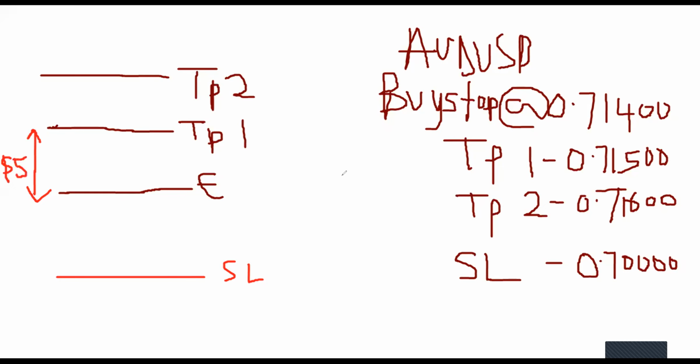So let's say the value from here up to TP2 is $10.